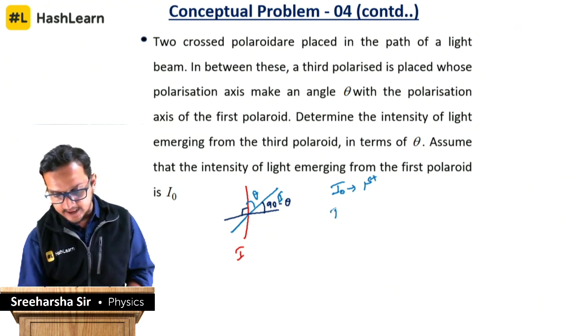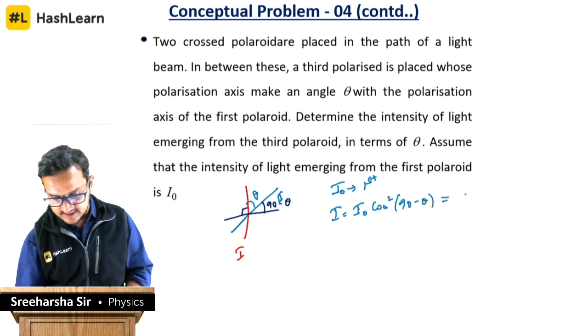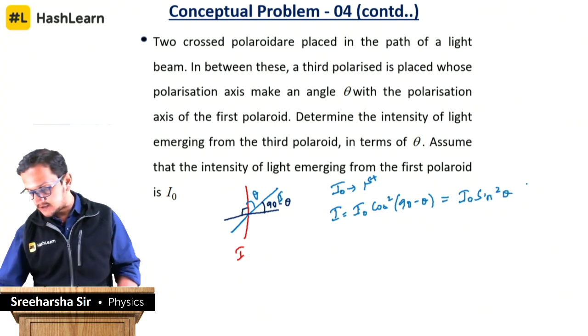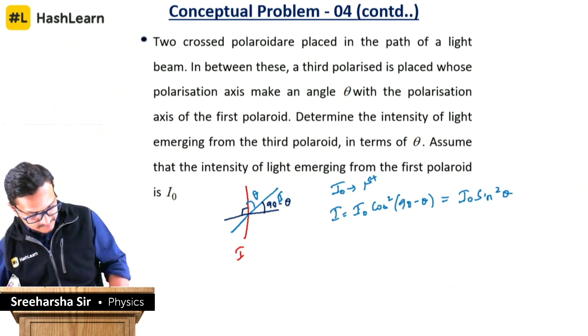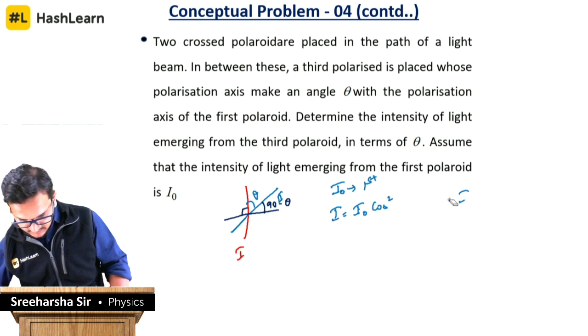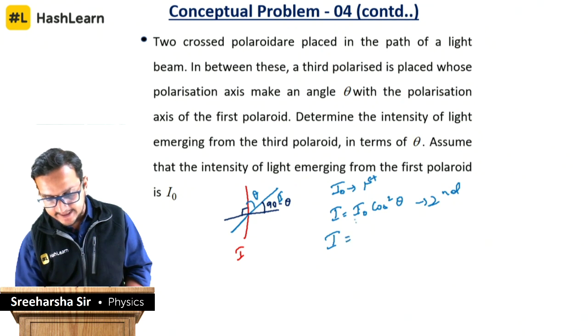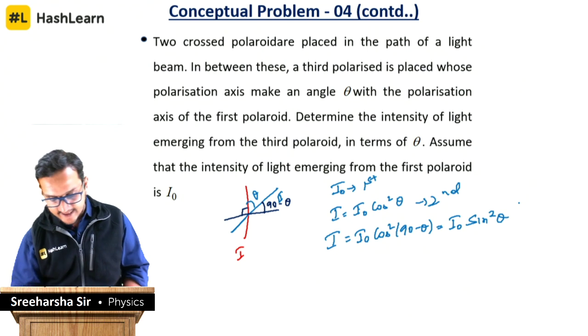From the second polarizer it will be equal to I naught cos square theta. And from the third polarizer, it will be I naught cos square 90 minus theta, which is equal to I naught sine square theta.